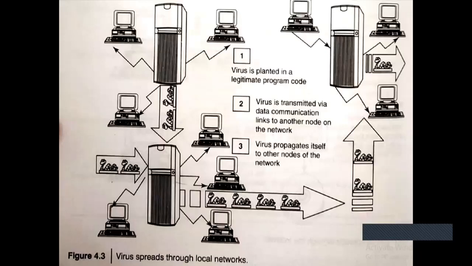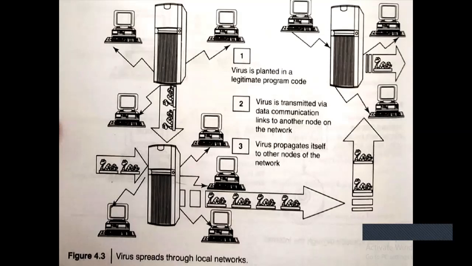Next is virus spread through a local network. Whenever we speak of a local network, the first thing that happens is the virus is planted into a legitimate program code. What the hacker has done is inserted the particular virus in some local server, a nearby server.